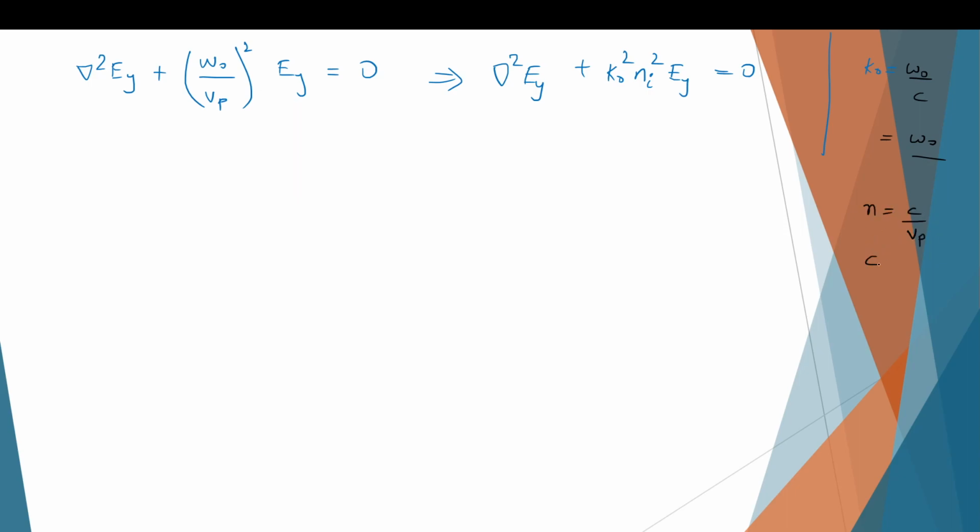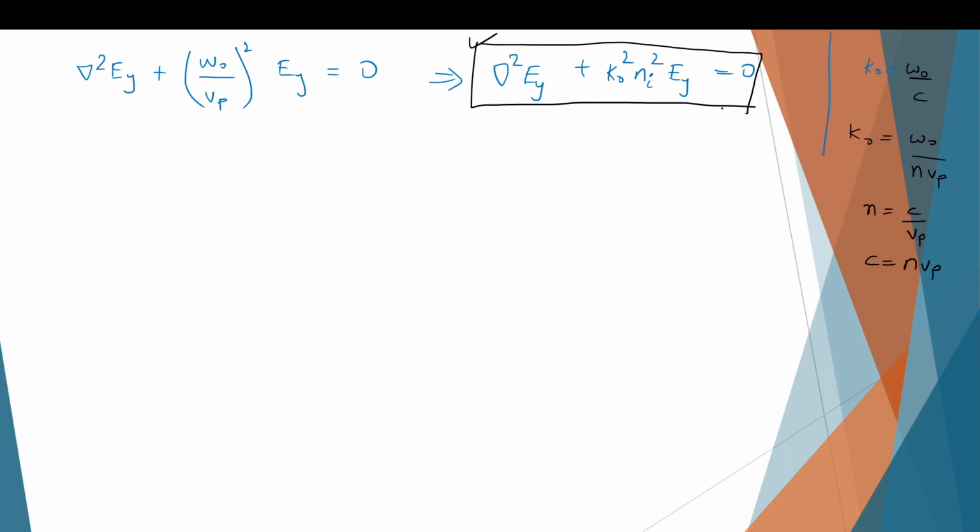So C is n times Vp, right? So I'll write it n times Vp. So K naught is omega naught by n Vp. So that means omega naught by Vp is nothing but n times K naught. Since it's square here, I'll put a square here. So this is my final wave equation until now.